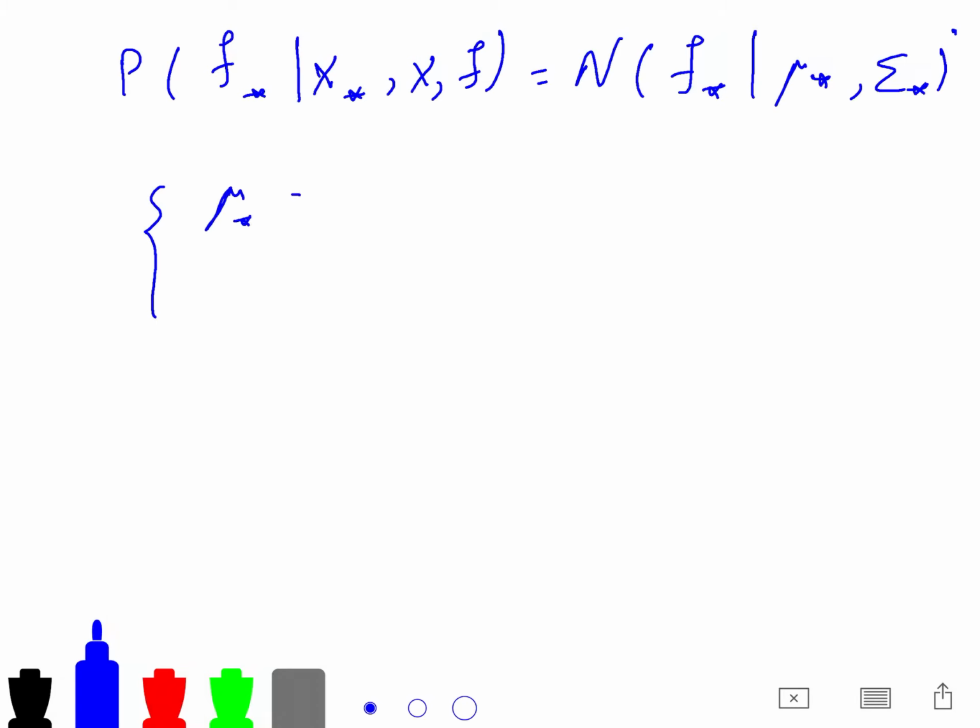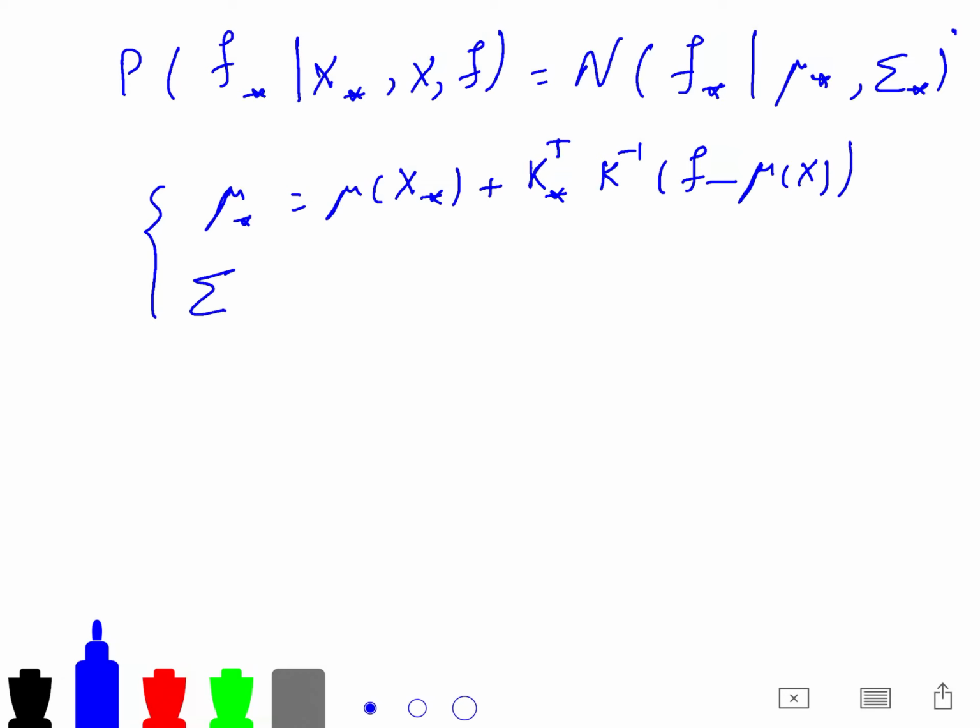And mu star is equal to mu of x star plus K star transpose K inverse times f minus mu of x. So now you understand why the first lecture, that lemma that I started off with, was so important, because you can just read it off and see why this has happened.